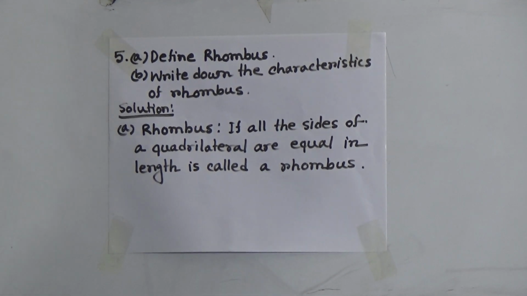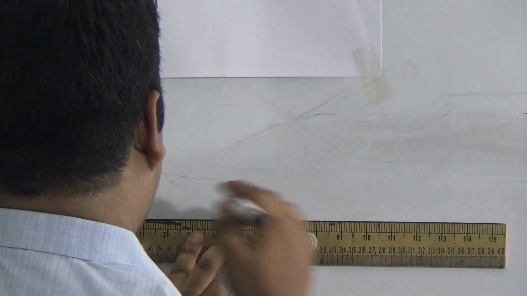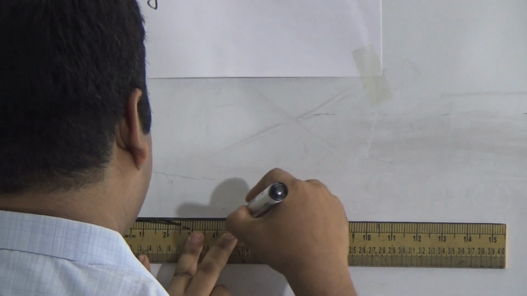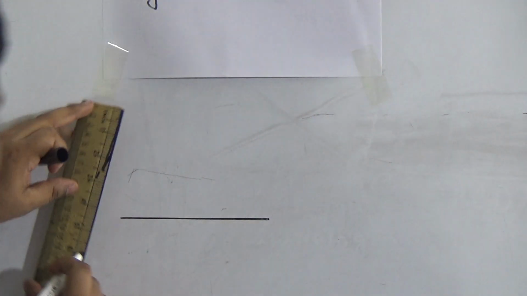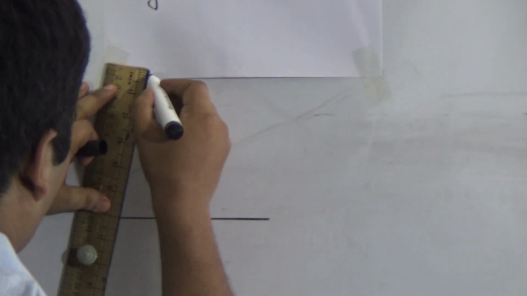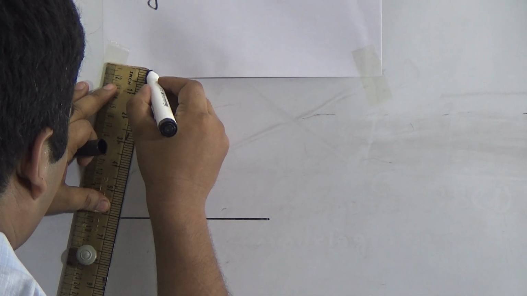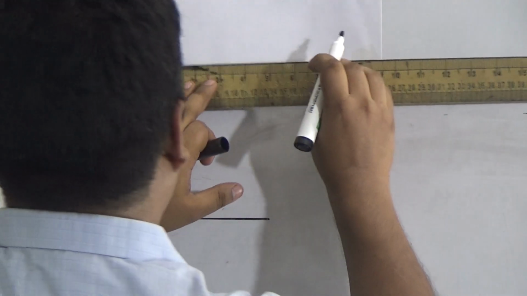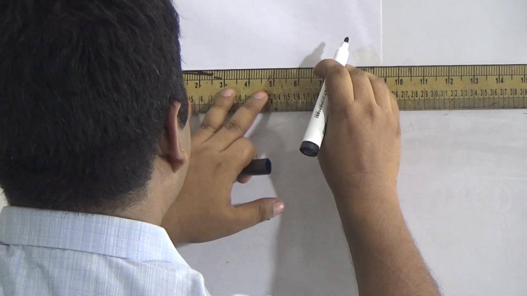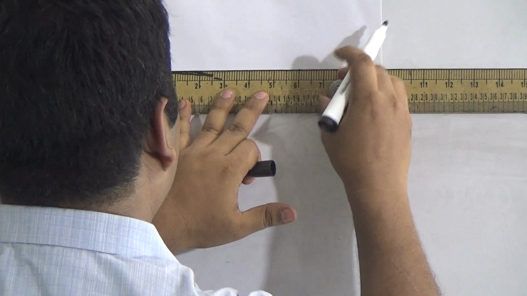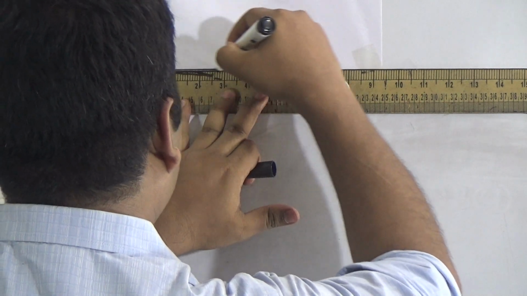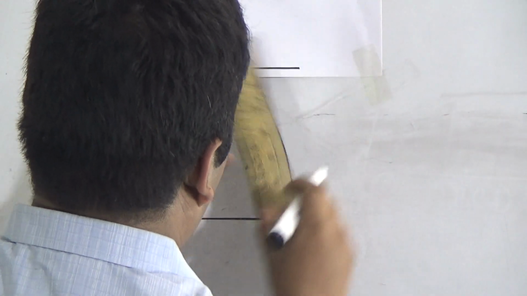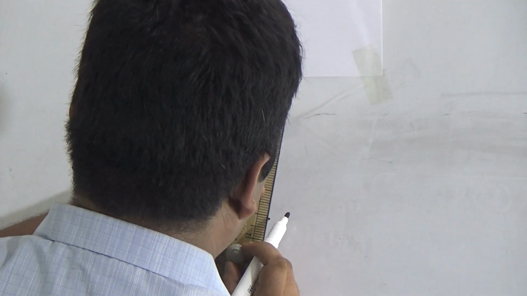Okay, so we draw. All the sides will be the same, that means we take 6 centimeter. Then this time we take an acute angle. This is also 6 centimeter, and this is also 6 centimeter.